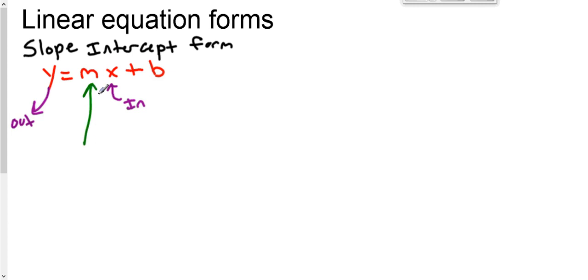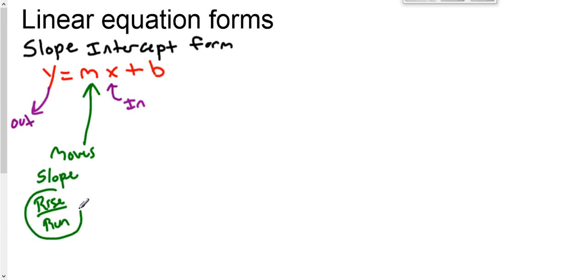M is how the graph moves. It's referred to as the slope. And that is rise over run in this ratio. It is always a fraction, even if it's just a whole number. That's how we get the first part of the name, slope.